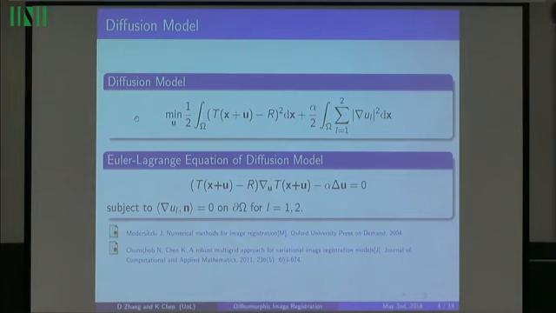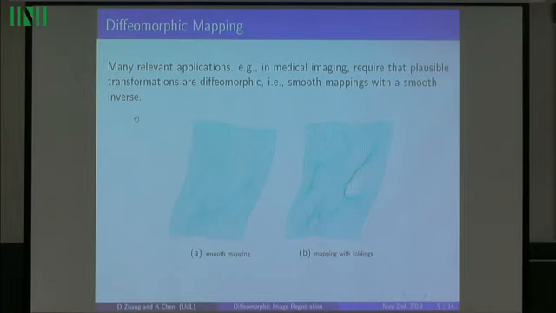Many relevant applications, such as medical imaging, require that plausible transformations are diffeomorphic. Namely, we should find a smooth mapping with a smooth inverse. This figure has 2 meshes. The left one is smooth with no folding. The right one has folding, so we cannot find a smooth inverse. We hope to find a mesh like the left one.